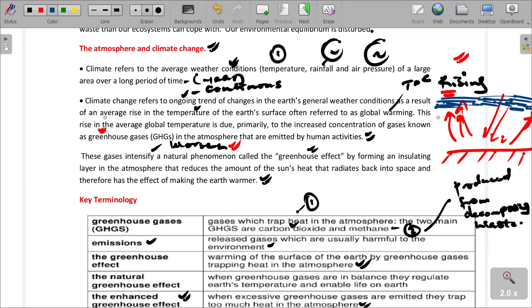So we have an extensive temperature increase because of the inability of the earth to release the heat that it is radiating back into space.